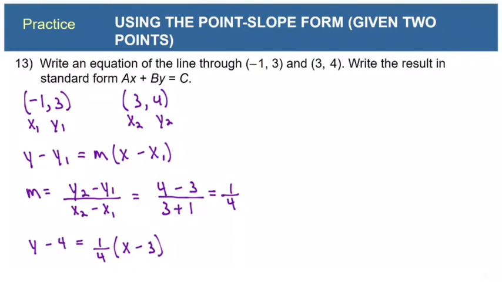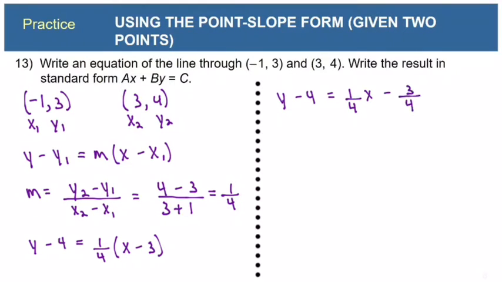Okay, now since we want this in standard form, I know I'm eventually going to need to work this denominator out of the equation. So I'm going to go ahead and distribute this 1/4. 1/4 times x is 1/4 x, and 1/4 times 3 is 3/4.